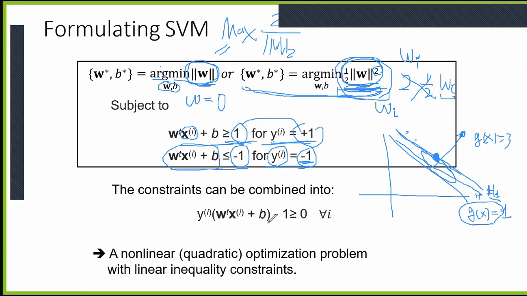And that leads to this constraint. This constraint is saying that the data point is not only correctly classified on the right side, but it's somewhere beyond the safety buffer, or right on top of H1 or H2.